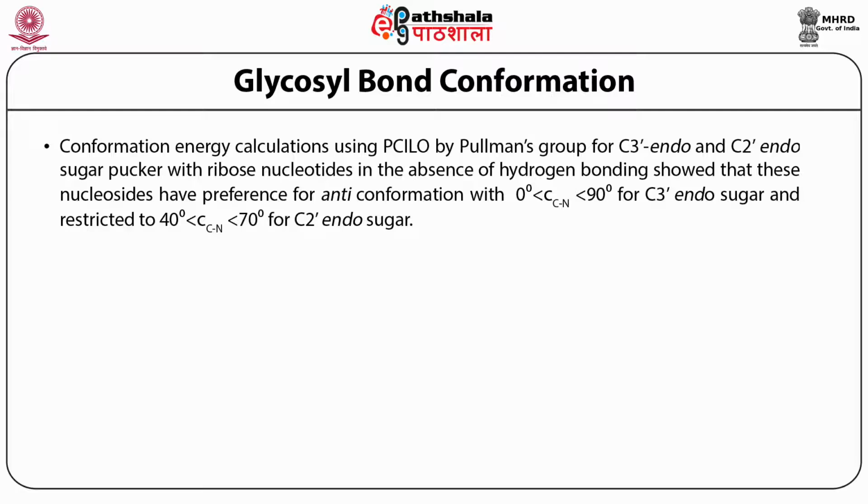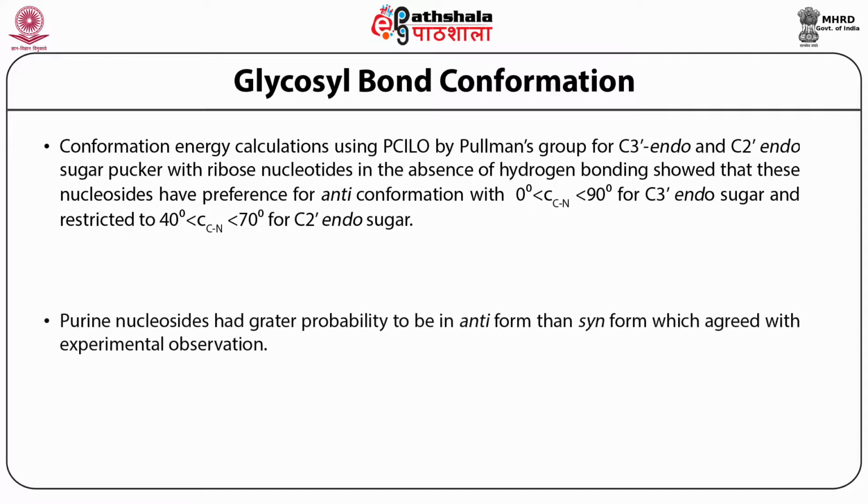It showed that these nucleosides have a preference for anti-conformation with chi-CN from 0 to 90 degrees for C3-endo sugar pucker, which gets restricted to 40 to 70 degrees for C2-endo sugar pucker. The purine nucleotides had greater probability to be in anti-conformation than syn conformation, which agreed with the experimental observation.